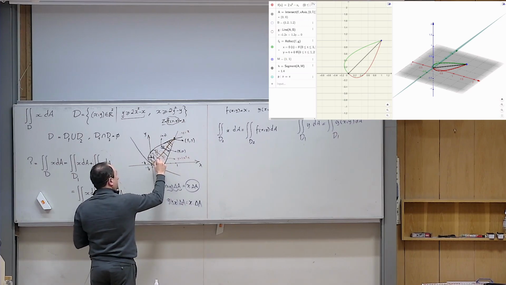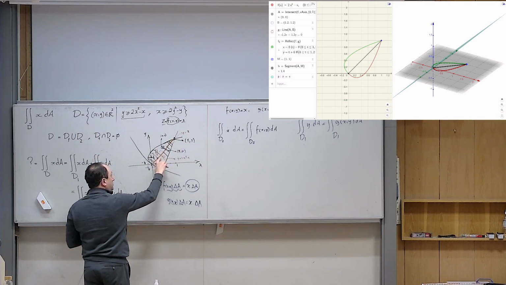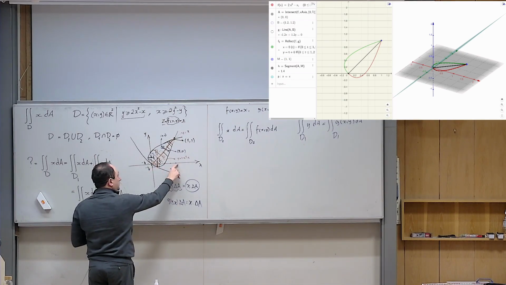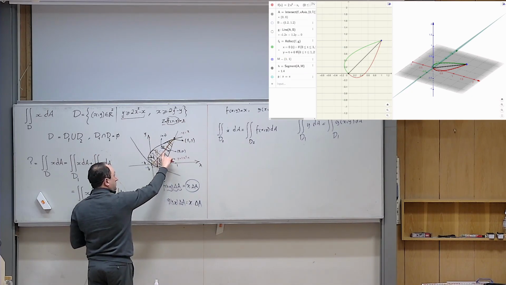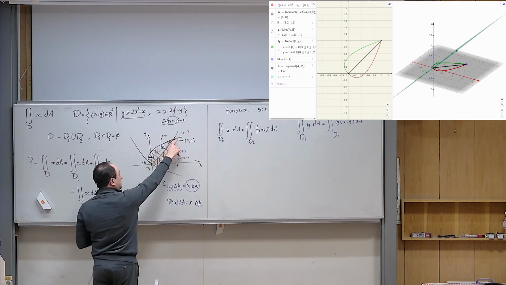On the other hand, this is the equation y equals x, and this will not change during this interval. Even if I choose x to be here, of course this length is changing, but the lower part is still on the same curve, and the higher point is still on the same line.